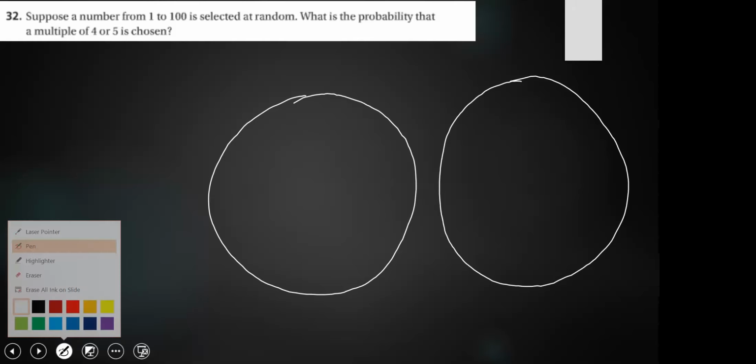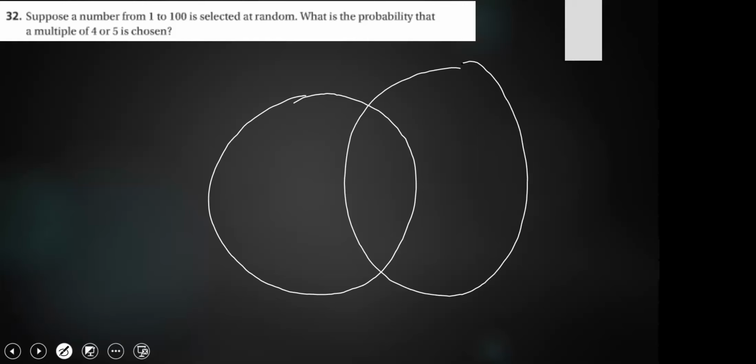In the first circle, we have to write the multiples of 4, and in the second one, we have to write the multiples of 5 up to 100.